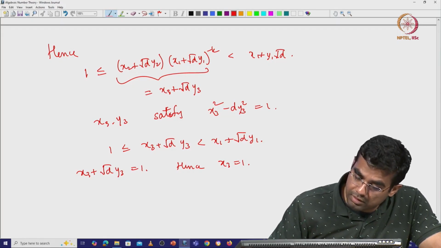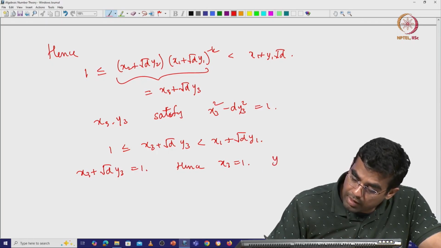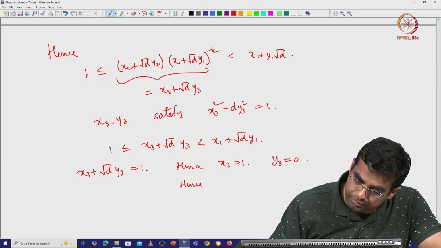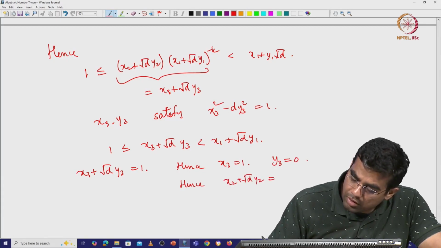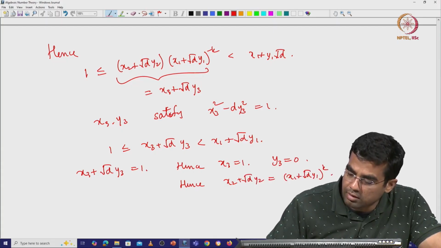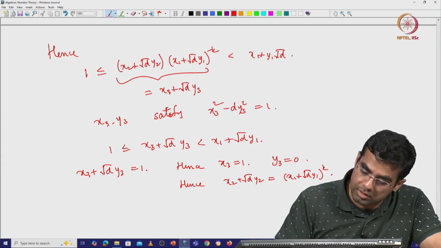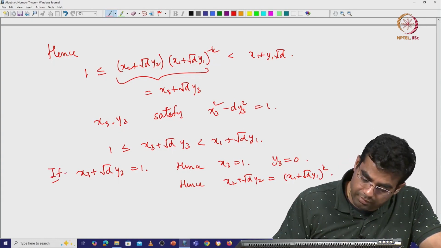And so, y3 will be 0 and hence x2 plus square root of d y2 will be equal to (x1 plus square root of d y1) to the k, right. That is what we want. So, we are done in case 1. So, if this happens, then we are done.